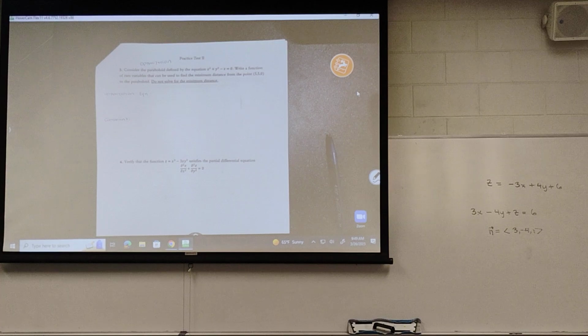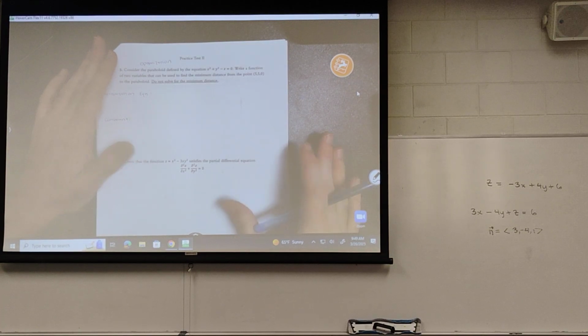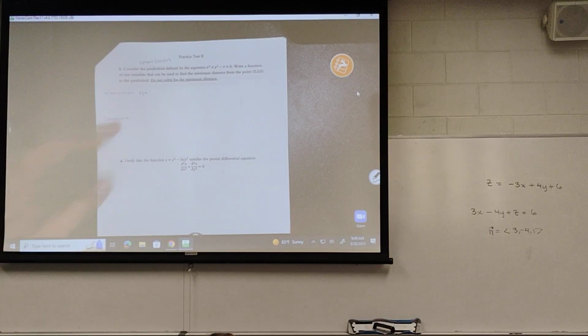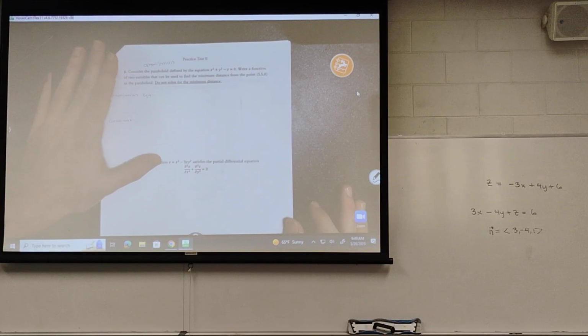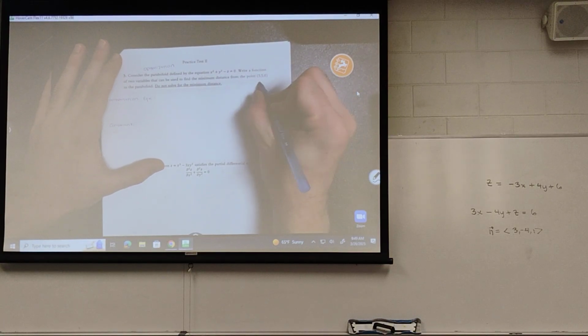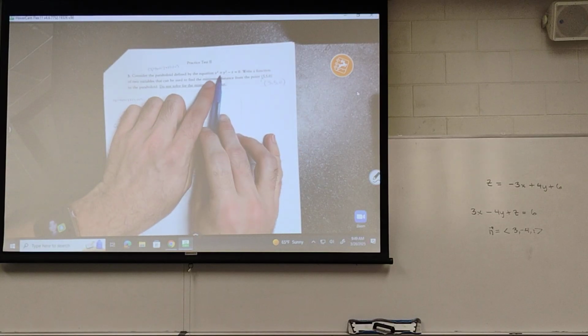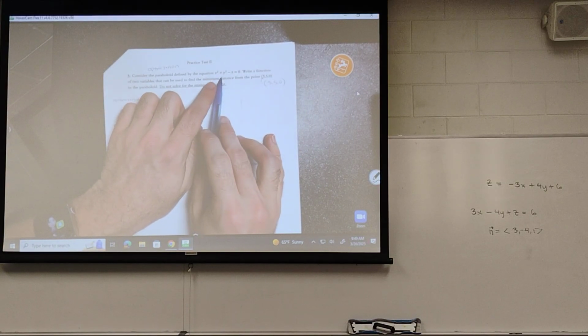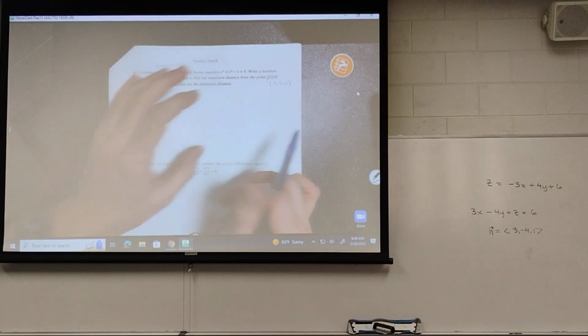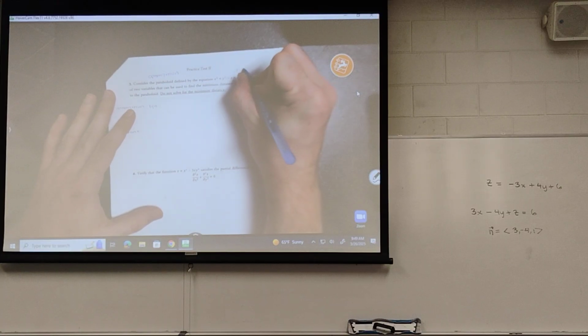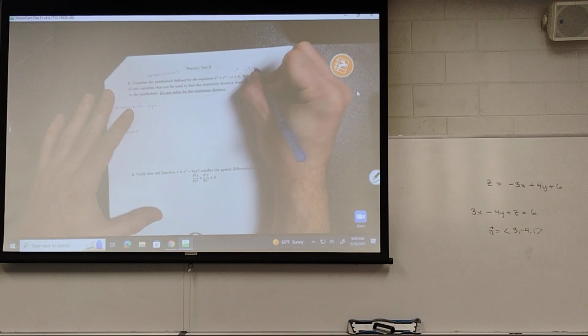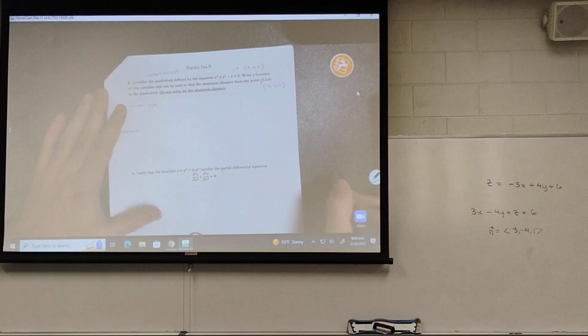So if I want the minimum distance, I'm trying to optimize the distance between 2 points. So I'm thinking distance formula. My 2 points being 5, 5, 0. Got that one. And the second point on the paraboloid. I don't know what the point is, so it's going to be some unknown point x, y, z.